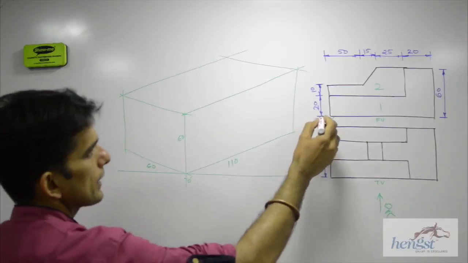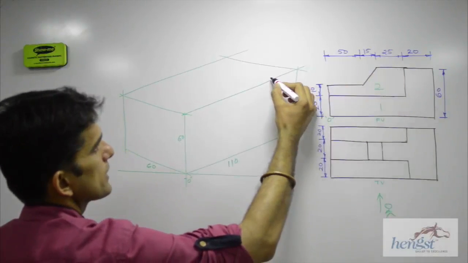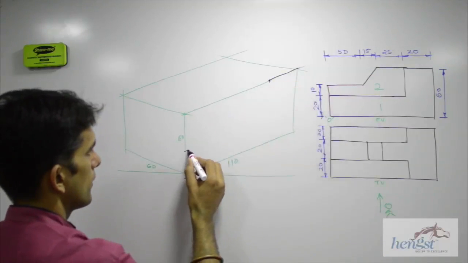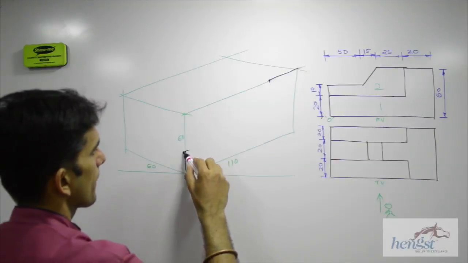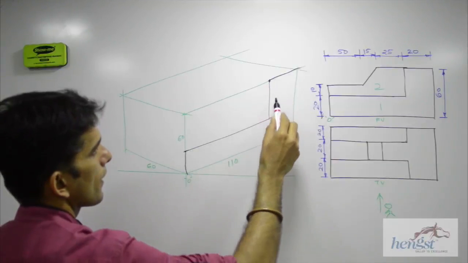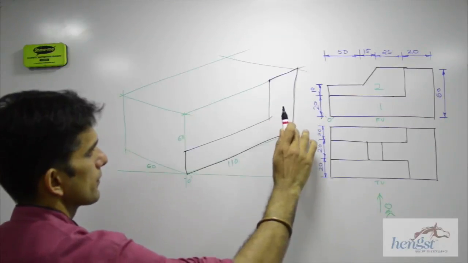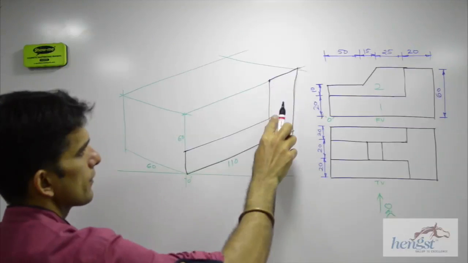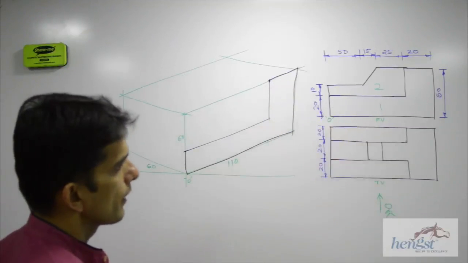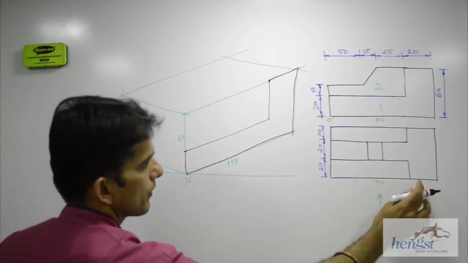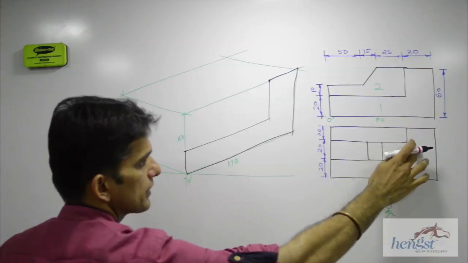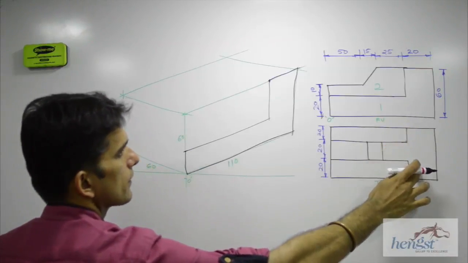So they have given 20 from here and 20 from there. So we'll take 20. Here also we'll take 20. And we'll join this. So this is what we have drawn as part 1. Now if you see this part 1, we have a T portion, see this T part.